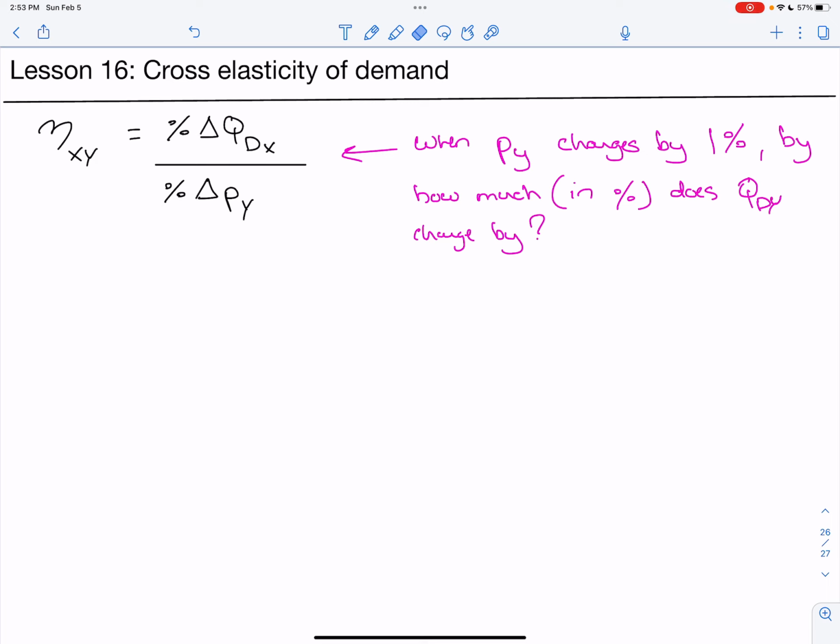So how do you actually calculate this? It's basically the exact same formula, which by now should be pretty familiar. This is going to get a bit cumbersome, so we'll just write it like that.